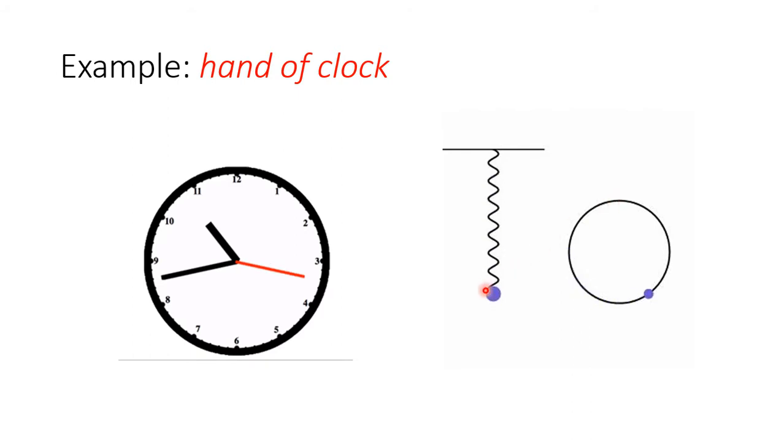When this point comes down, the spring's ball again comes down. So as the spring ball is moving, similarly this circular ball is also moving. So it is a uniform circular motion. This is the example of uniform circular motion. It's an example of linear motion, linear uniform motion. This is the circular uniform motion.